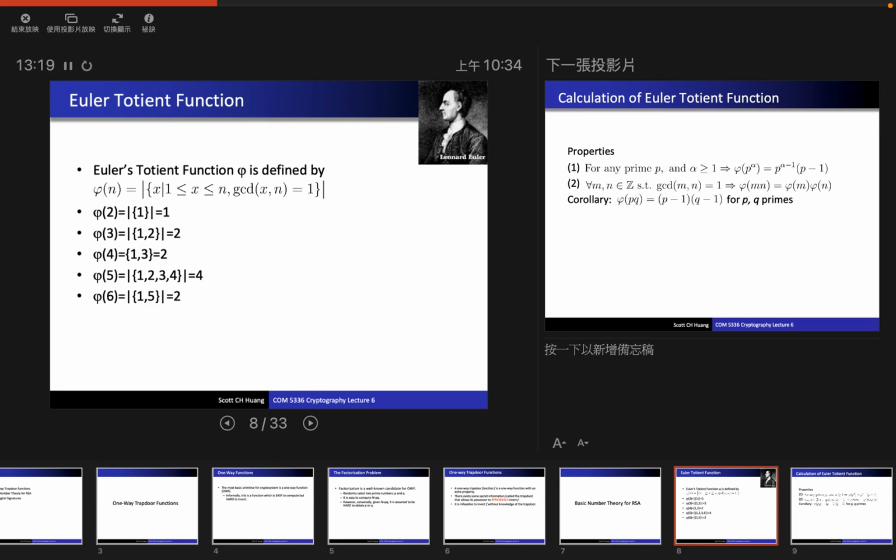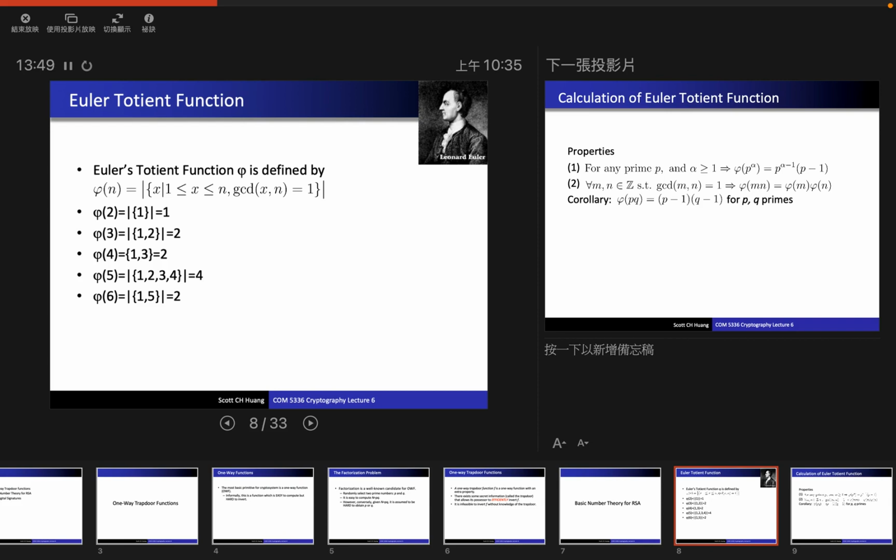So the first one is, we want to introduce a special function called the Euler totient function. Now this is a made-up word, totient. This word was created by Leonhard Euler, a Swiss mathematician, and it's derived from Latin.